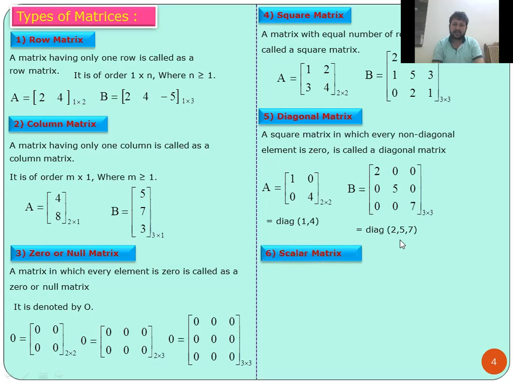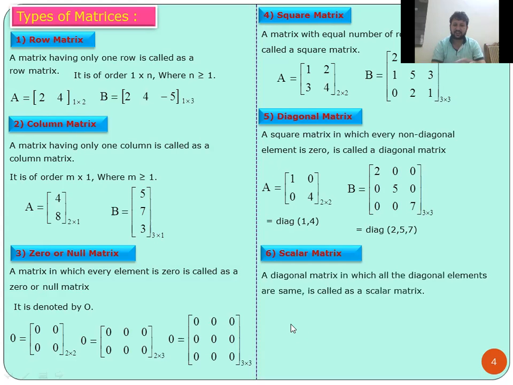Next type of matrix, scalar matrix. Scalar, it is a type of diagonal matrix. Diagonal matrix, only diagonal elements exist, non-diagonal 0. Same for scalar also, only diagonals exist, non-diagonal 0. But diagonal elements all are the same, that is the same scalar.